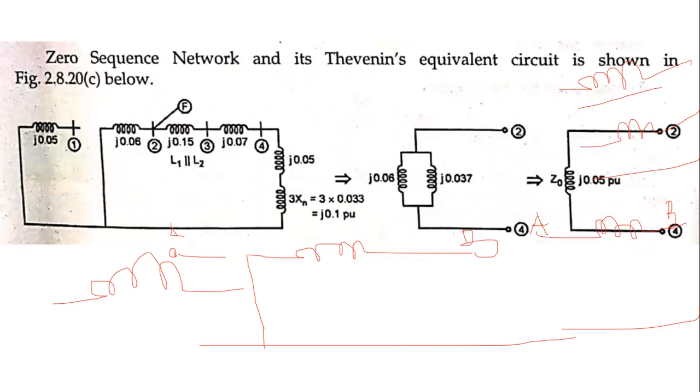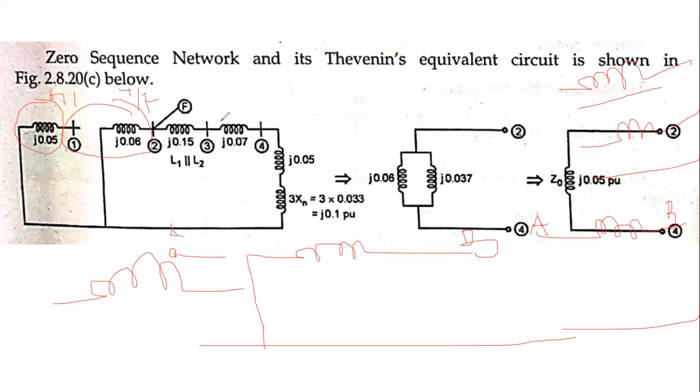This is the generator G1 equivalent zero sequence reactance, and this is the transformer 1. Next, we obtain the fault at this point, and this is the transmission line. The two transmission lines, L1 and L2, are connected in parallel.